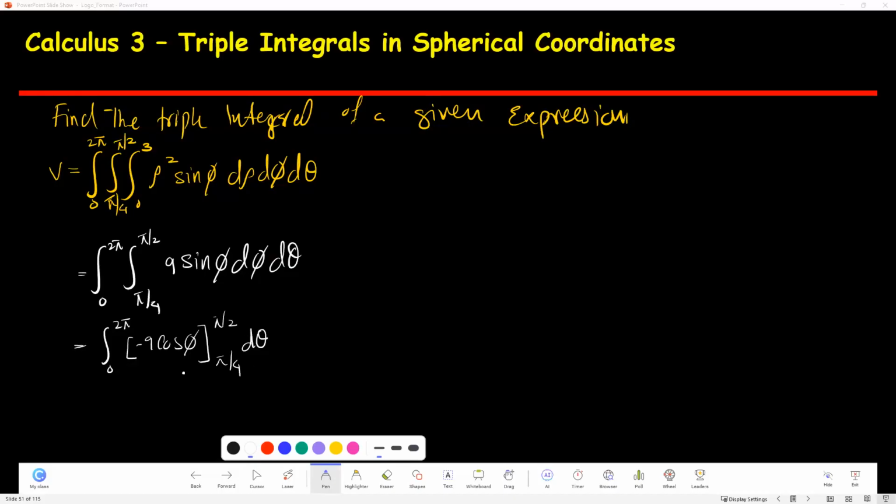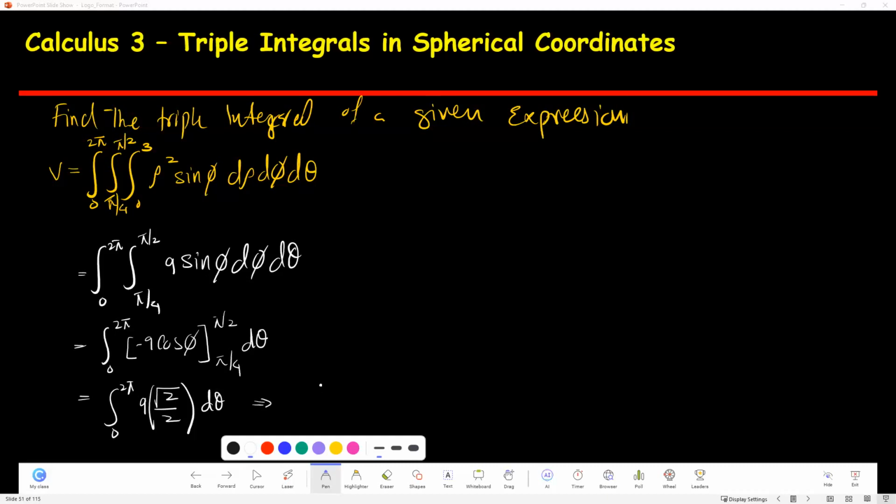Okay, we can substitute the value, it's going to be like this: 9 times square root 2 over 2, d theta. Now I'm going to take the last integral and put in the value.